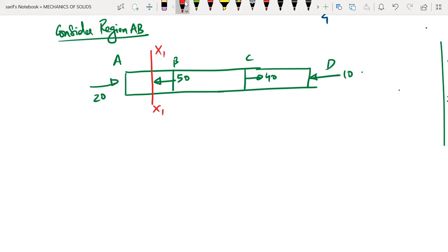Now we need to consider the free body diagram of the bar either to the left of x1 or to the right of x1. The thumb rule is you have to consider that portion of the free body diagram which has the least number of forces. So in this case we will consider the free body diagram to the left of the section x1.